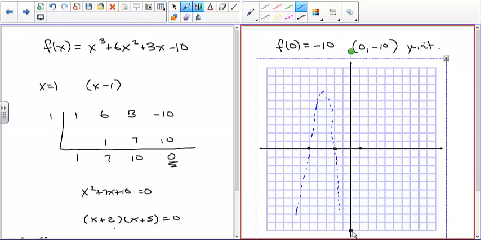Now this y-intercept is not centered, so it probably does go up, may even go up a little higher. So this probably goes something like that. Might even overshoot, and then it goes back down this way. So the end behavior is just this part and this part. So that's what I was looking for.